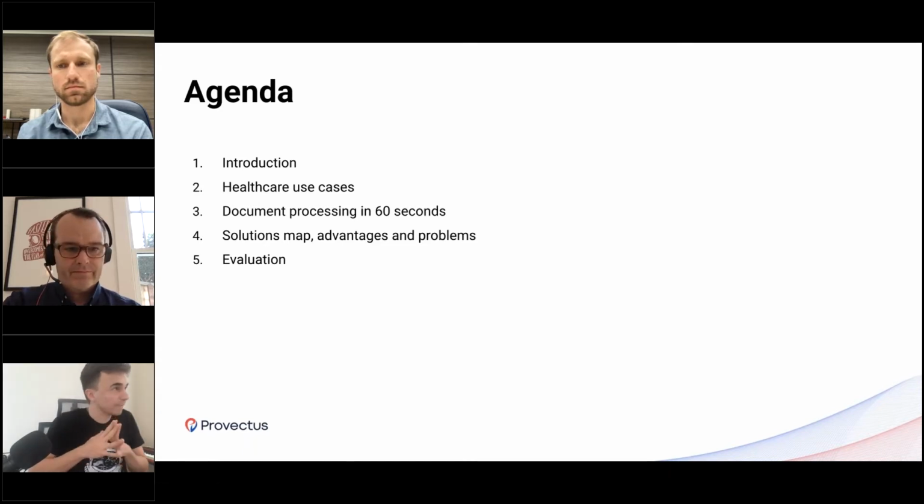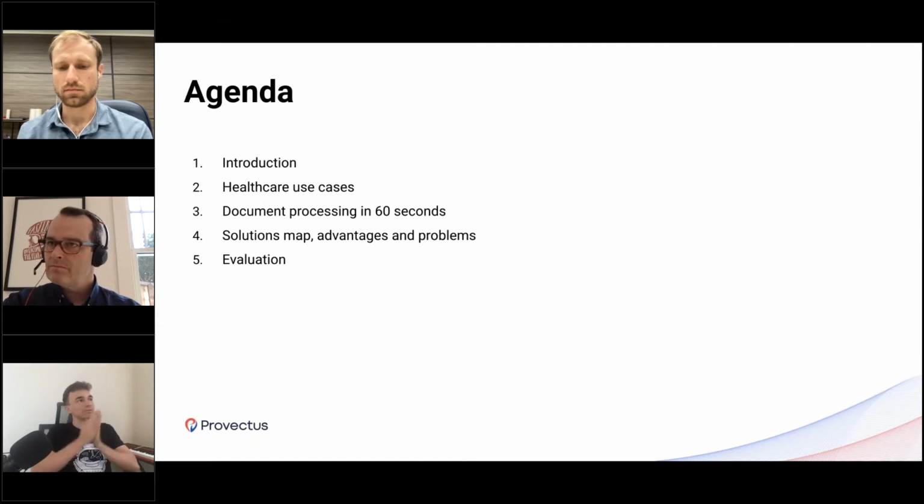Then we will review what intelligent document processing really is and what building blocks it encapsulates. Then, with a clear understanding of the parts of document processing, we will review how not to get lost in this sea of possible solutions existing on the market. And finally, we will look at how to pick the right solution for you.